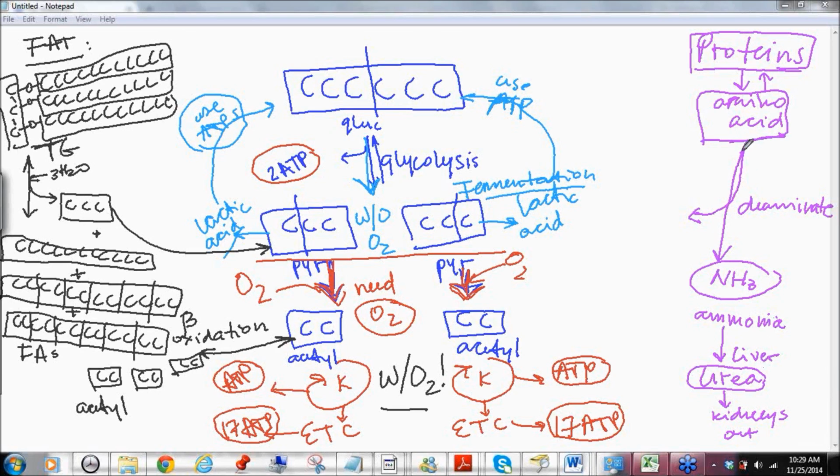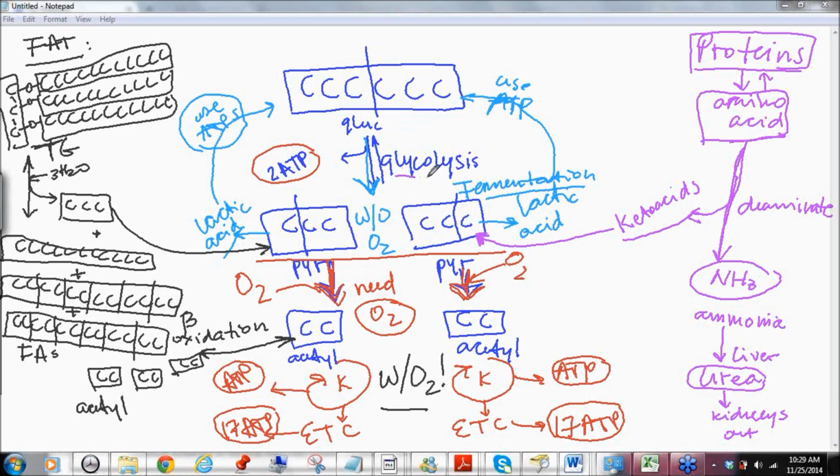But let's go back to this deamination. So when we deaminate amino acids, what's left of it becomes keto acids. And the keto acids can be turned into pyruvate. Okay, so keto acids can become pyruvate. And because they can become pyruvate, remember, pyruvate can be turned back into glucose by reverse glycolysis.